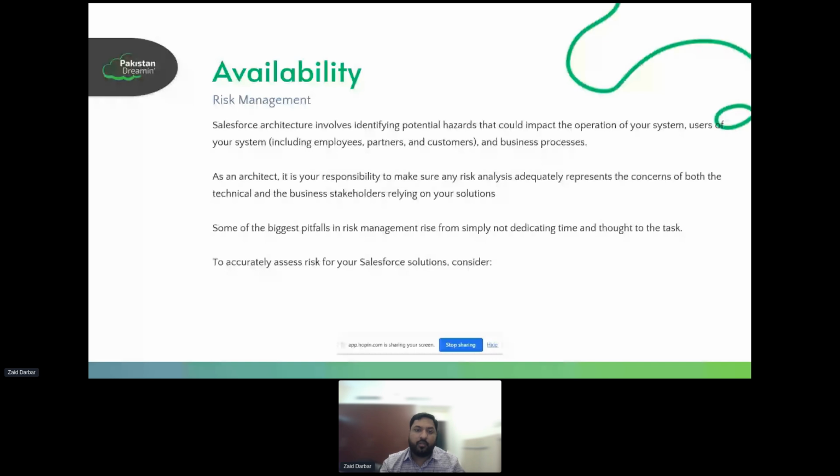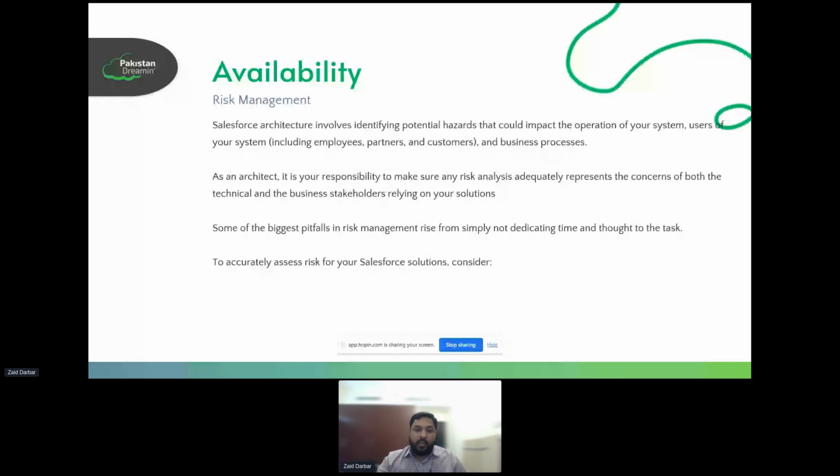What is risk management? Risk management is basically when we are trying to identify potential hazards that can come in future. So your experience counts a lot in this one. Business processes can multiply, can have great scale, things like that.